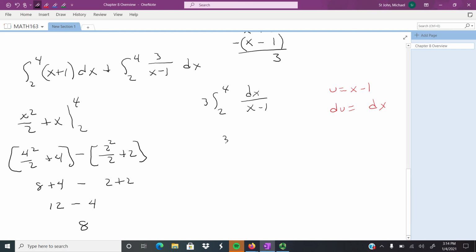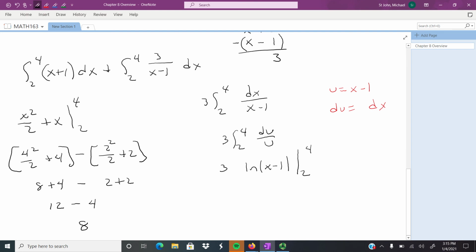So we get 3 times the integral from 2 to 4 of du over u, which is going to be 3 ln u, which is x minus 1, evaluated from 2 to 4.